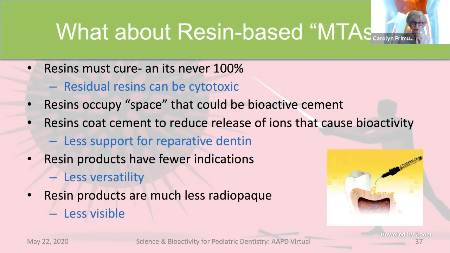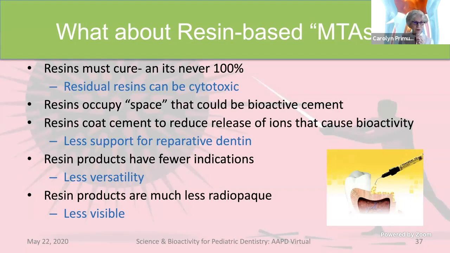Now, I have a different opinion about the resin-based MTAs because resins have to cure, and it's never 100% cure. What I worry about, and I thought about this from 20 years ago when I was formulating white MTA, is that the residual resins can be cytotoxic, the monomers that remain behind.